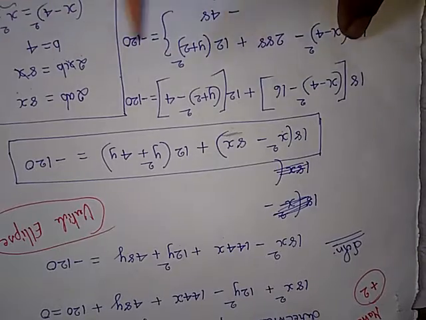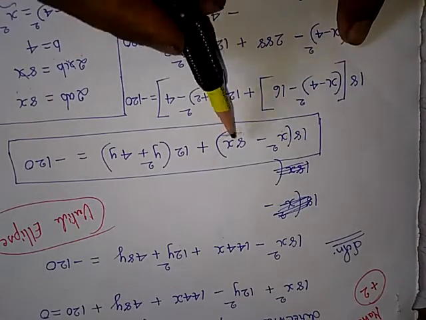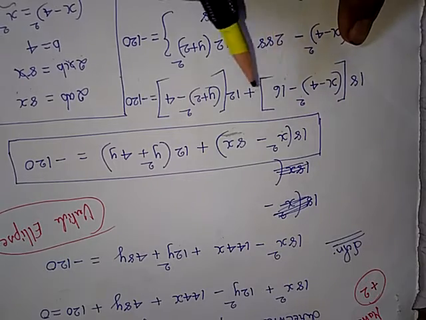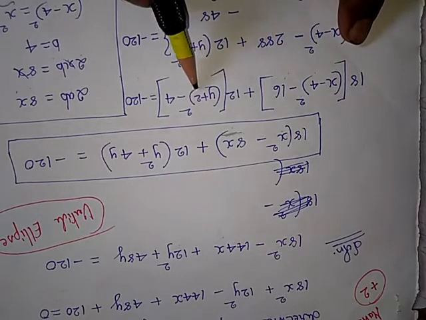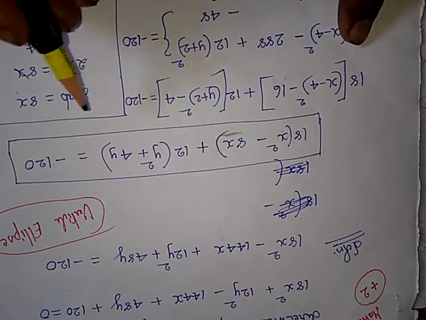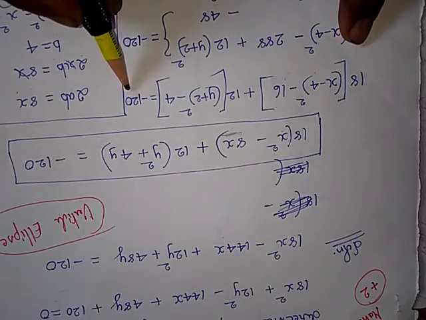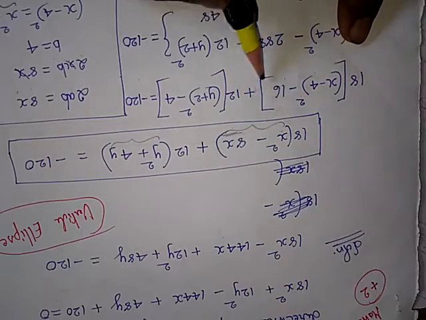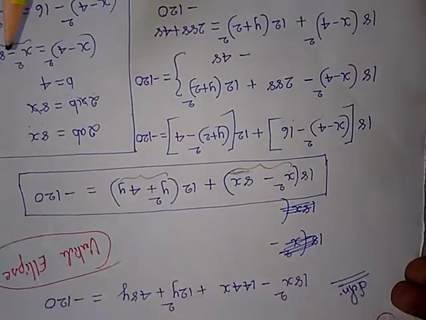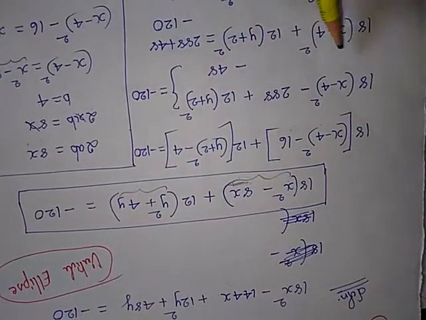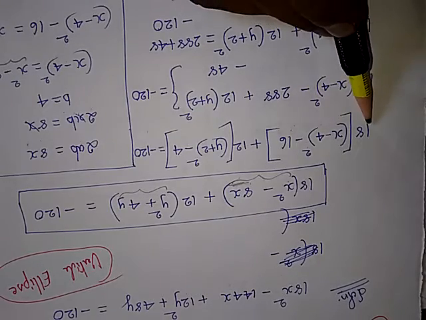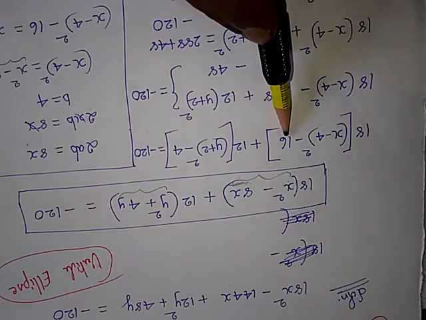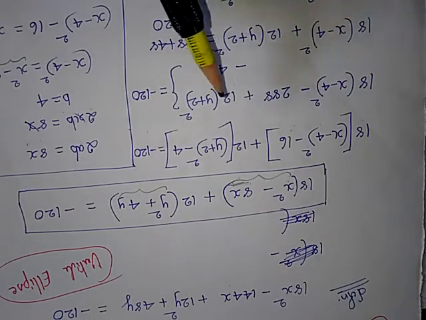So we have x squared minus 8x, which can be written as x minus 4 the whole square minus 16, plus 12 into y plus 2 the whole square minus 4, is equal to minus 120. So we have just replaced this with this and this by this. Now you multiply once again, bring this 18 inside. So 18 into x minus 4 the whole square, 18 into 16 is 288.